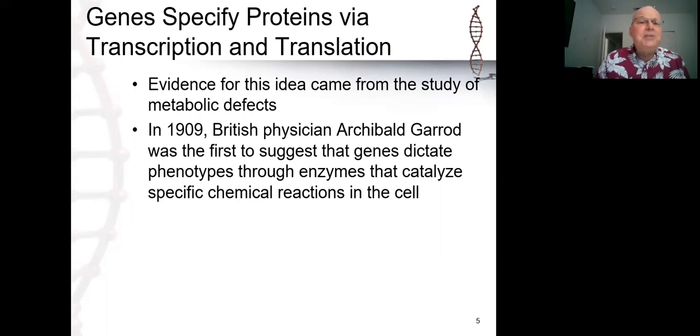But in 1909, on the basis of everything that Garrod had observed about this condition that he was studying, alkaptonuria, which he recognized was an inherited condition because it was found in multiple generations of the families that he was studying, which clearly indicated that it was an inherited condition, and that's why he started to apply Mendel's principles to his study of this condition.